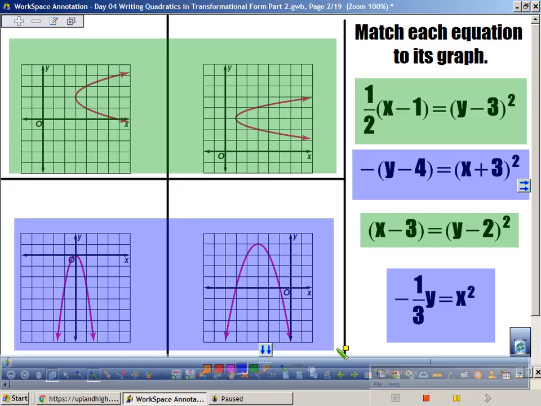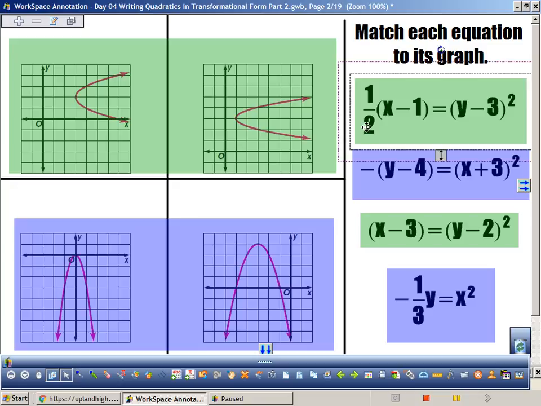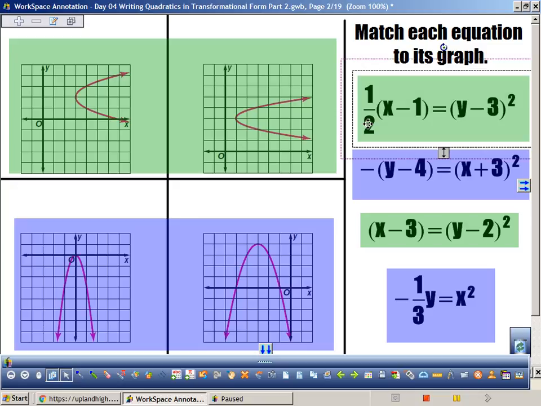So which one am I going to put this one with? Right there. Discuss it with your partners. Which one would that one be?